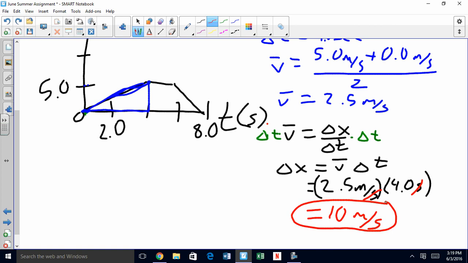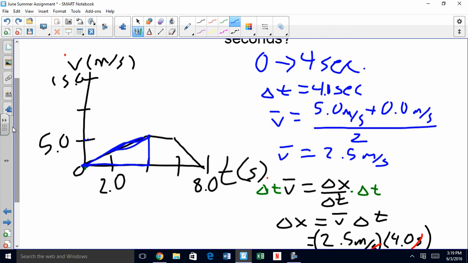Now, the other thing that I wanted to note is that if we look at what quantities we're multiplying here, we're taking the average velocity times the change in time. The velocity is your y value, and the time is your x value.